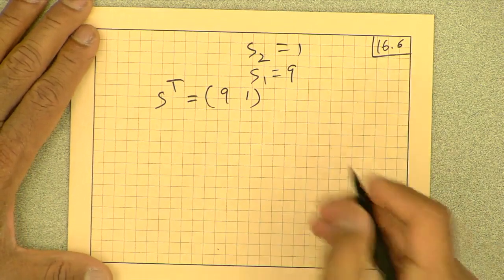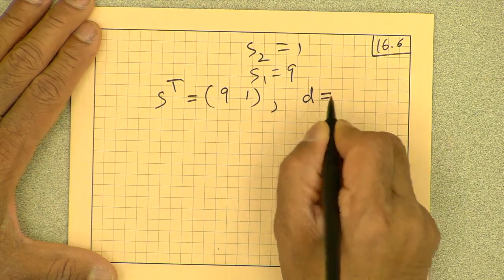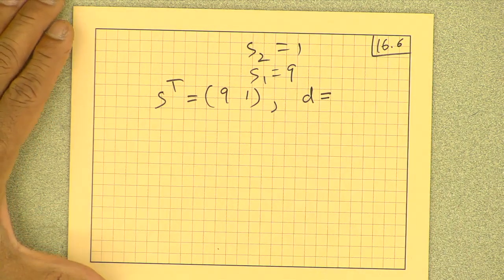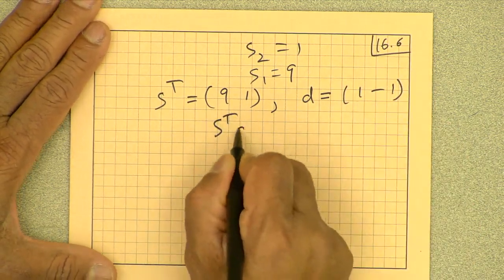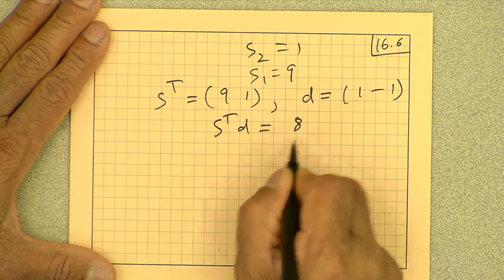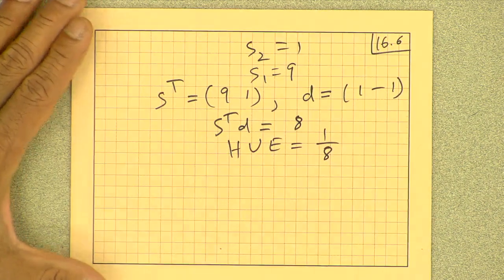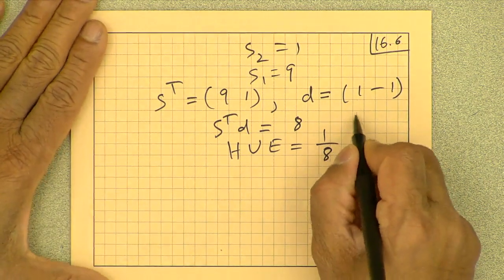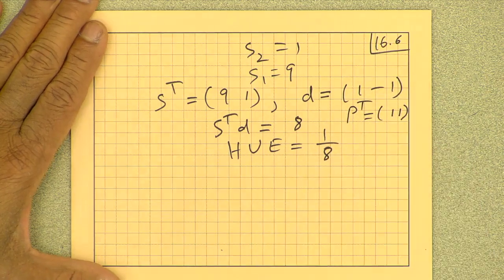Now if I pick the projection vector D as 1 minus 1, then S transpose D is equal to 8, and the hardware utilization efficiency will be 1 over 8. So if I take D as that, then P transpose D should be 0.